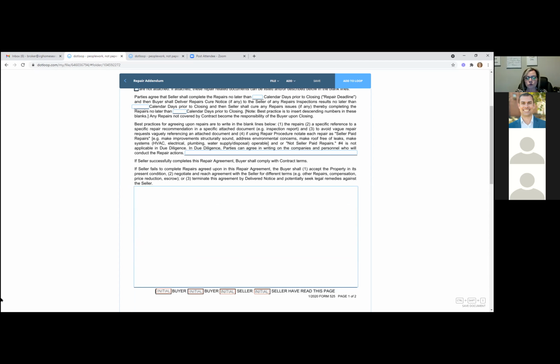So let's just say that the first issue is roof. Let's type in the word roof. Underneath the roof, you want to list each of the items in the inspection report that you're going to be asking the seller to address. In the inspection report, each will have a page number and an item number.